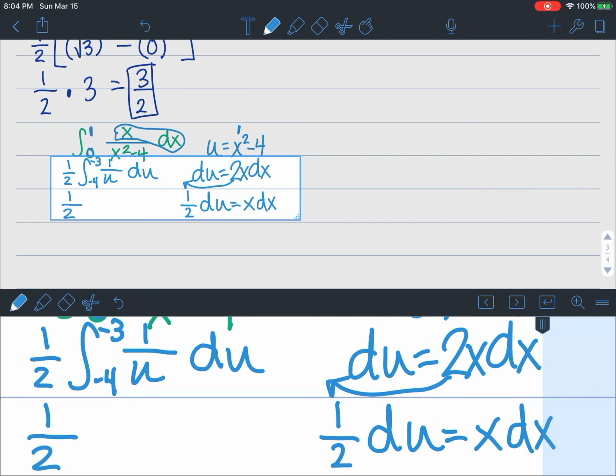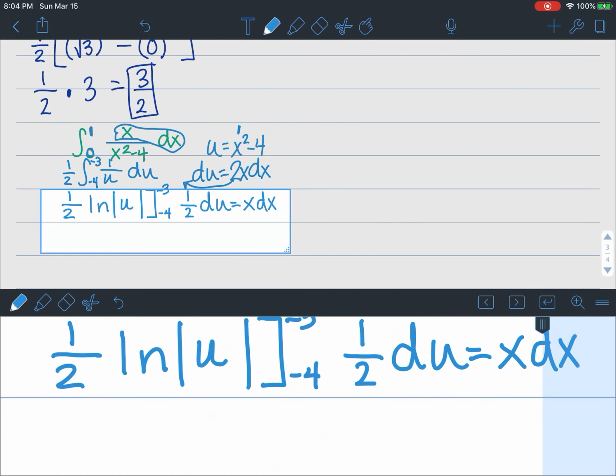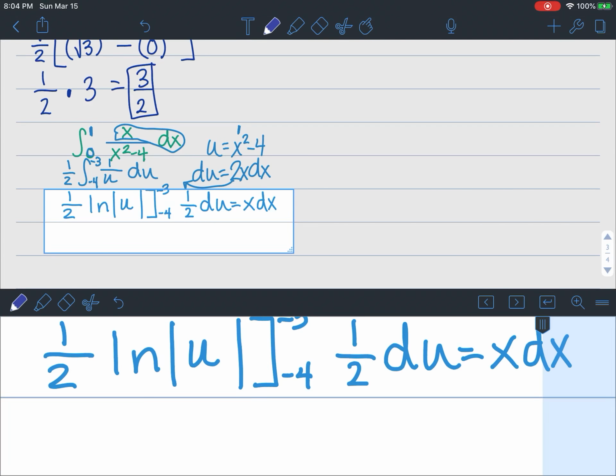Okay. Who remembers what the integral of 1 over u is? Now, if you recall, we talked about this yesterday. It's ln of the absolute value of u. Well, you can see by these limits right here, that's definitely going to be needed because I have to put negative numbers in for x, and I can't have negative numbers inside an ln function. But that's what I have the bars for.